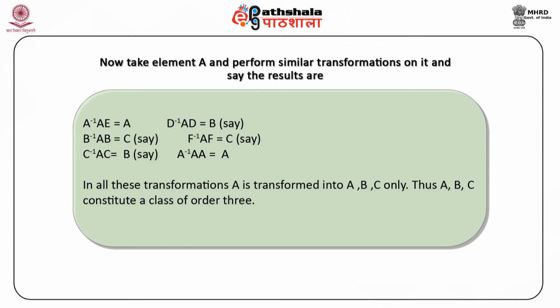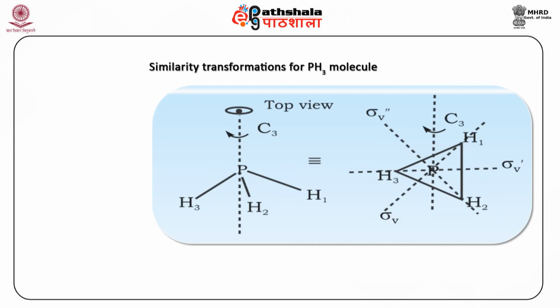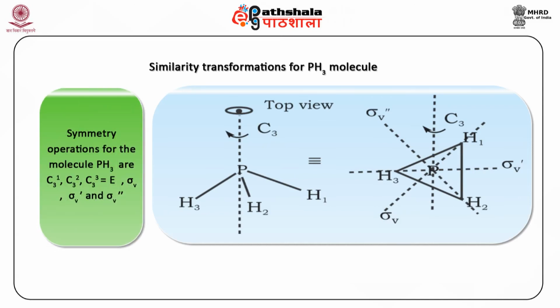In all these transformations, A is transformed into A, B, C only. Thus, A, B, C constitute a class of order 3. These are the similarity transformations in the PH3 molecule, as E is the reciprocal of E and the reciprocal of C31 is C32.